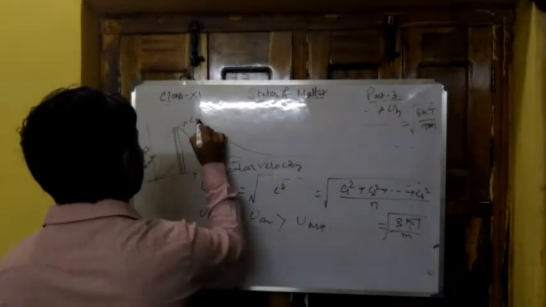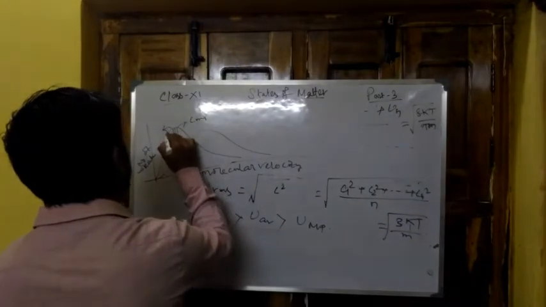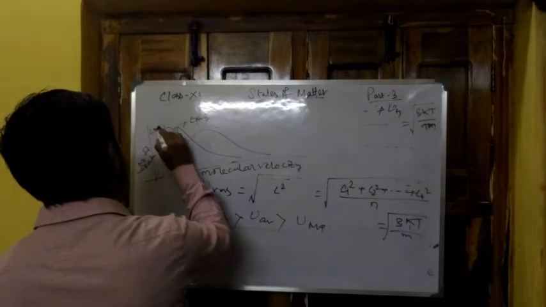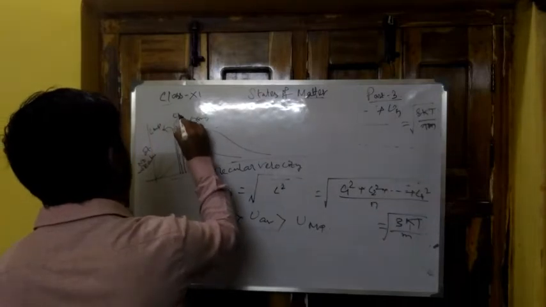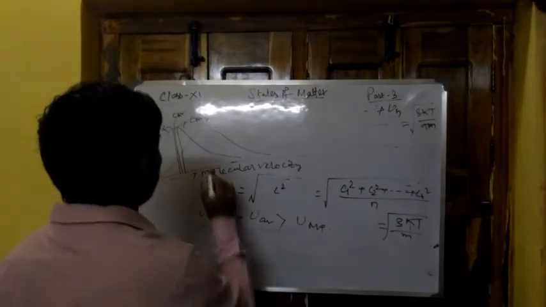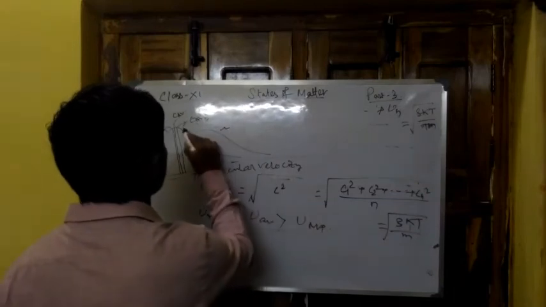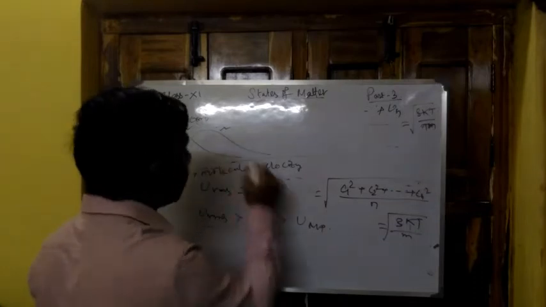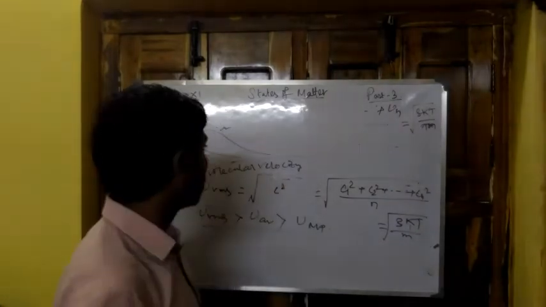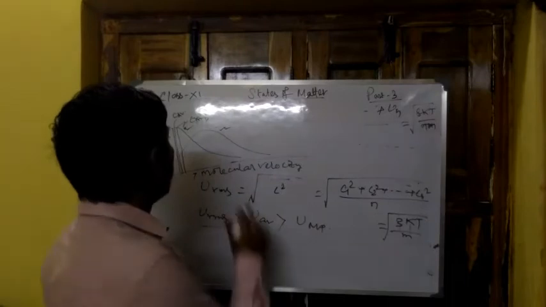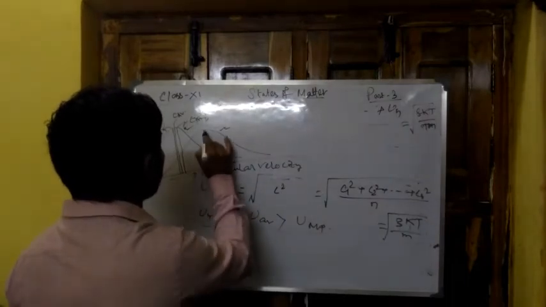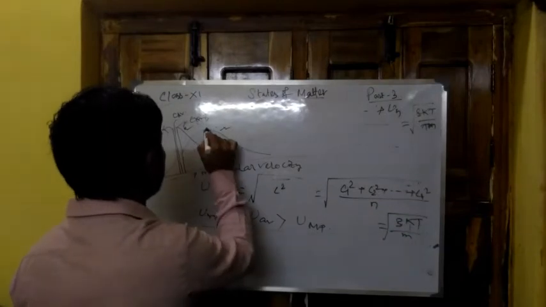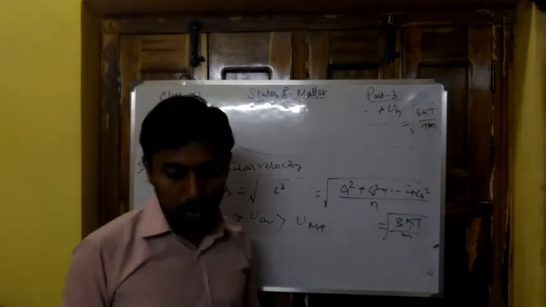This is CMP, this is CRMS, and this one is C average. And this is the same graph but at different temperature. When temperature increases, the curve broadens, and here also we get the same type of data, that is it is the C most probable, it is the average, and it is the RMS velocity.